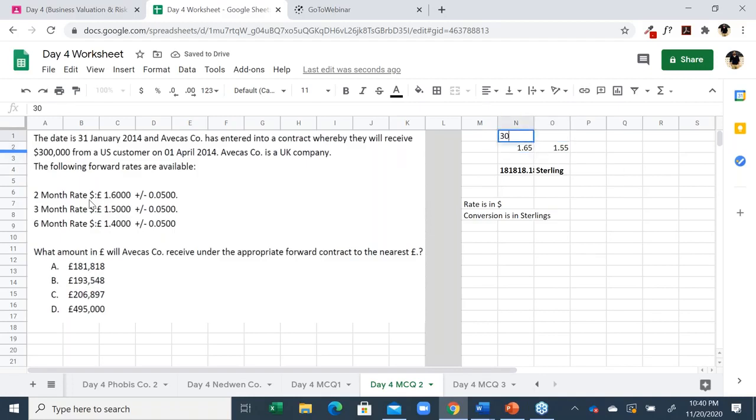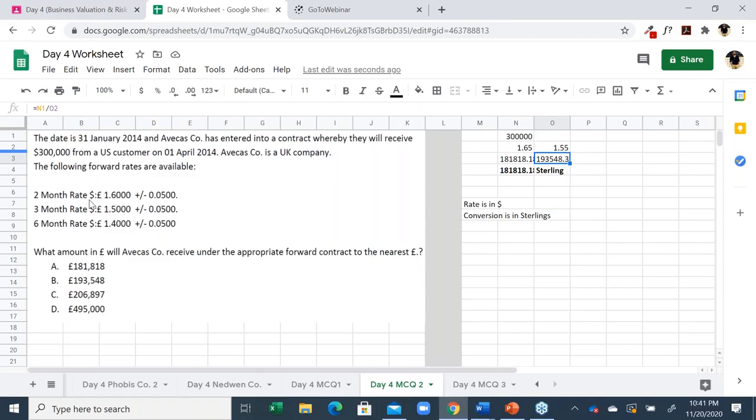If we divide 300,000 by 1.65, we get 181,818. And if we divide 300,000 by 1.55, we get 193,548. So the bank is either going to pay us 181,818 or 193,548.